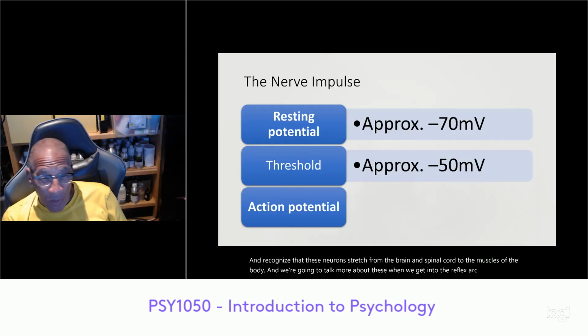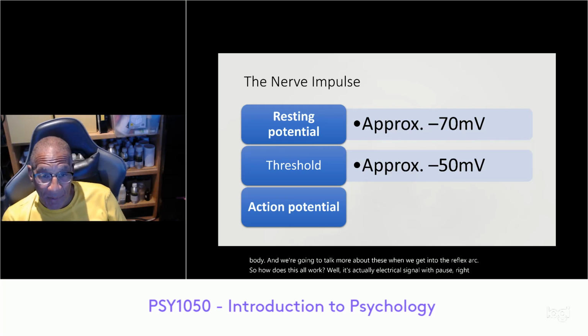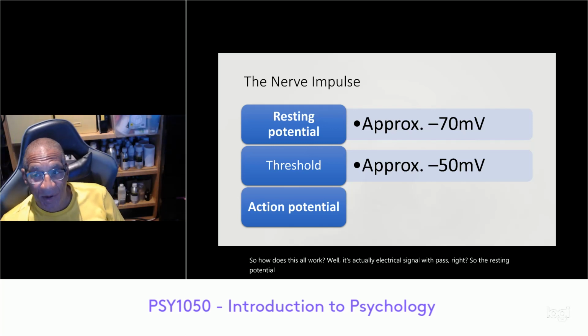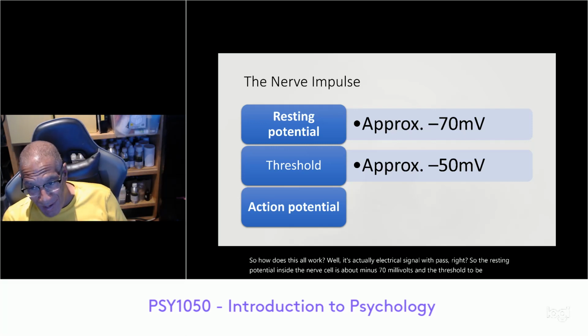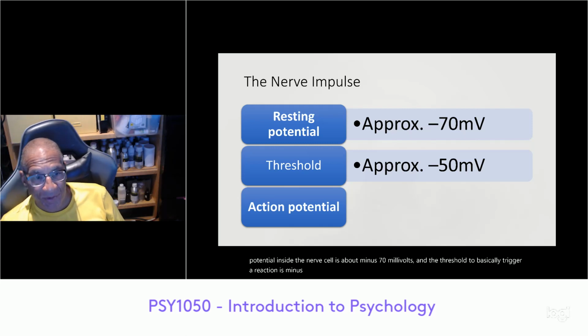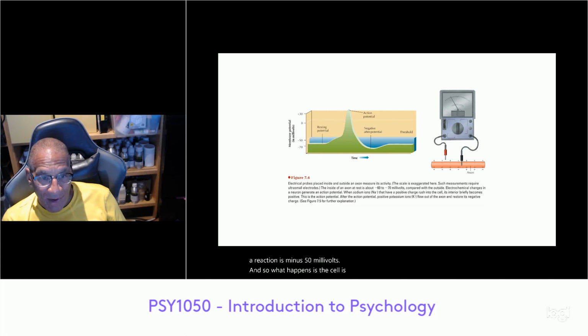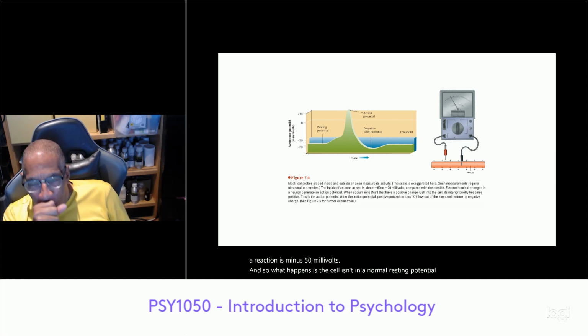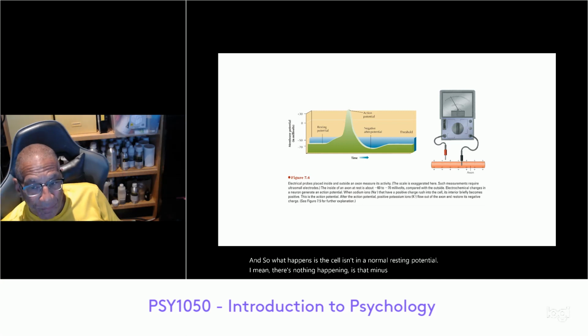So how does this all work? Well, it's actually an electrical signal that's passed, right? So the resting potential inside the nerve cell is about minus 70 millivolts, and the threshold to basically trigger a reaction is minus 50 millivolts. And so what happens is the cell is in a normal resting potential, meaning there's nothing happening. It's at minus 70.